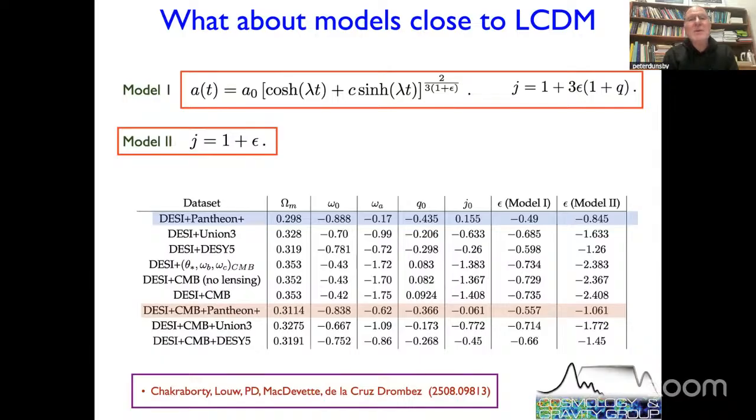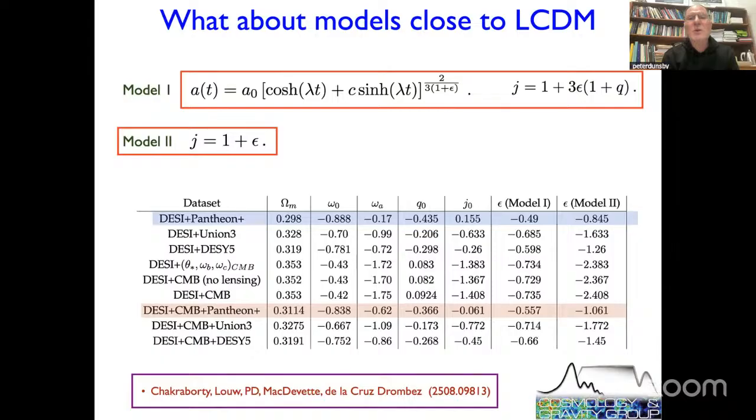So what happens if we slightly deviate away from an exact lambda CDM expansion history? We did this in two different ways. We constructed two models which are close to lambda CDM, parameterized by a parameter epsilon. In model 1, we've taken the lambda CDM scale factor and raised it, modifying the exponent using this parameter epsilon.